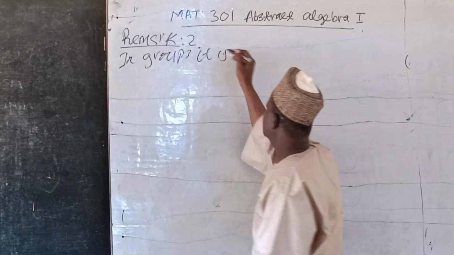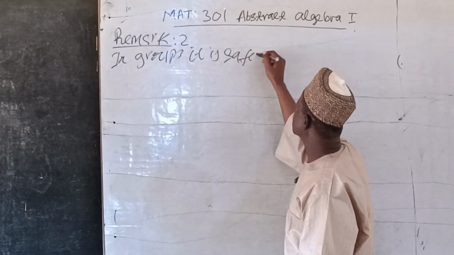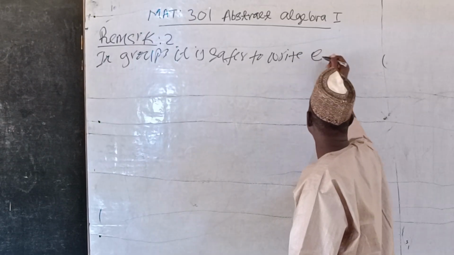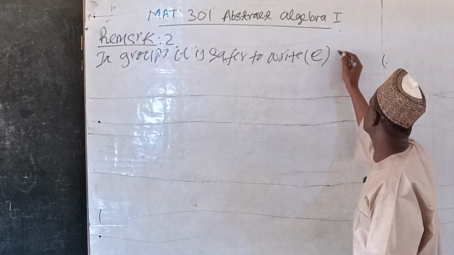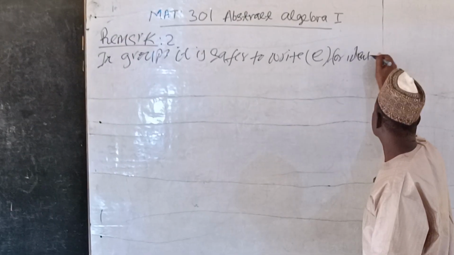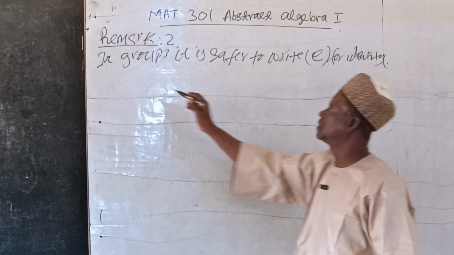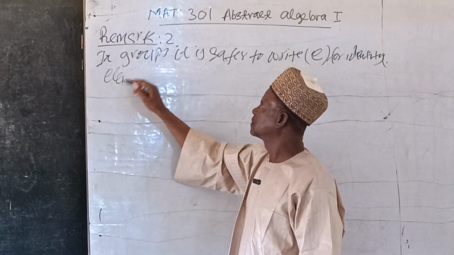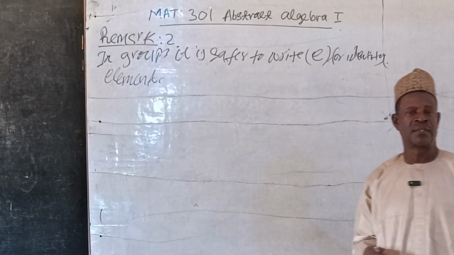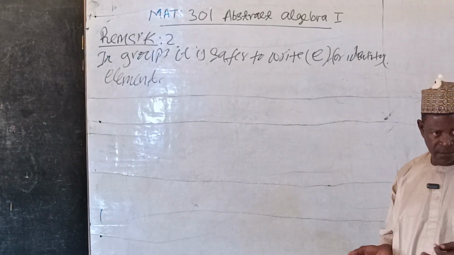It is safer to write E for identity element, because there are different types of identity.